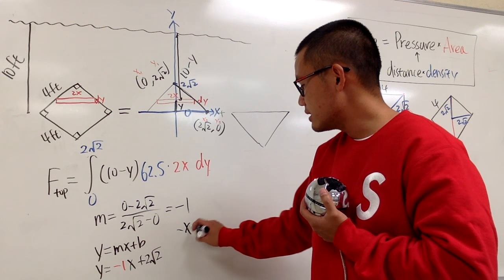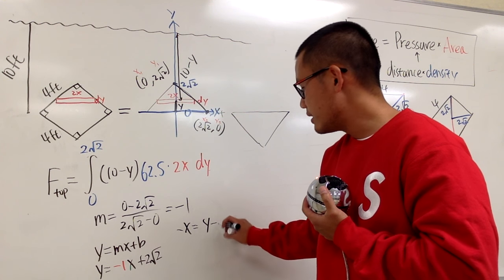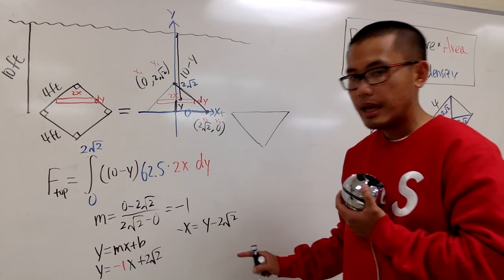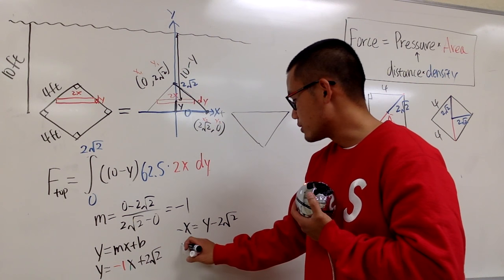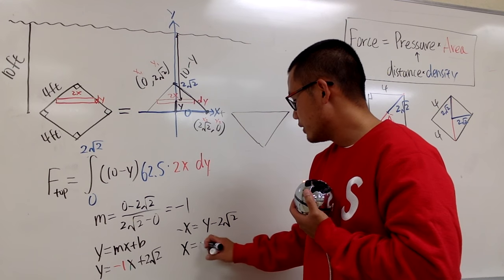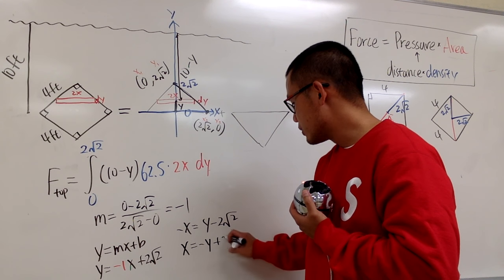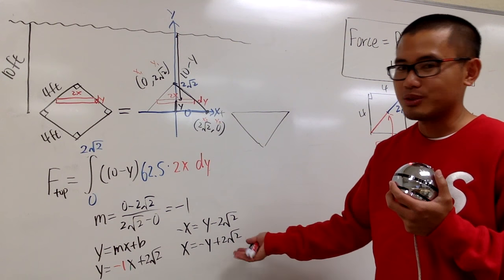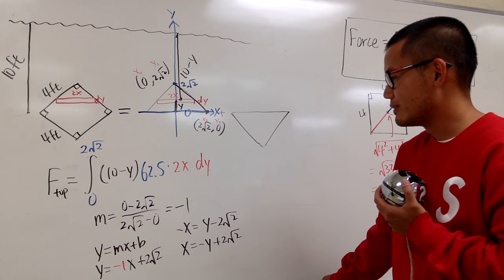We have -x equals y minus 2 square root of 2, right? Bring this to the other side and divide everything by -1. So you have x equals -y plus 2 square root of 2. Okay? So this is just good algebra. So just do that on your own.